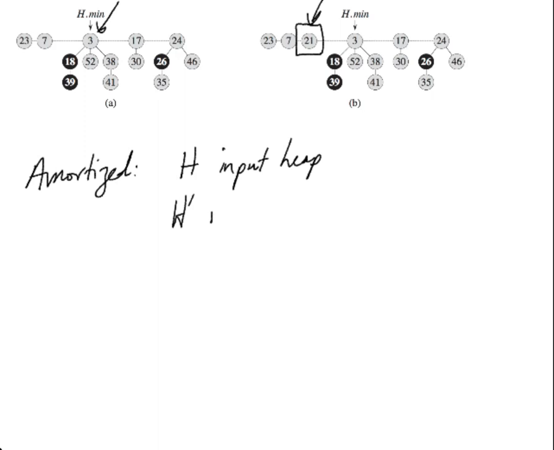What's our amortized cost? Well, let's say that H is our input heap and H prime is our resulting heap.